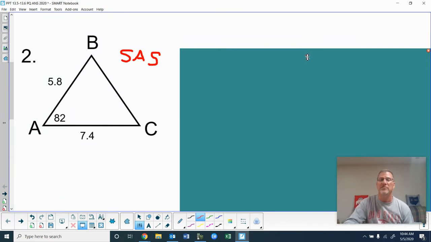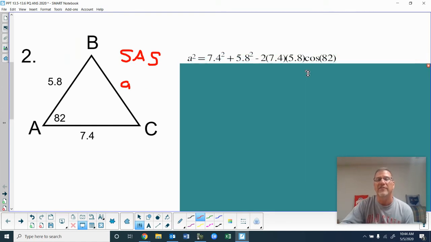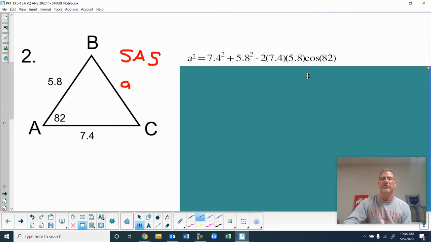The only side I can find is side A here. So I have to use the law of cosines that starts with A squared equals B squared plus C squared minus 2BC times the cosine of 82. I already put that in there for you. So that's what we would substitute in.